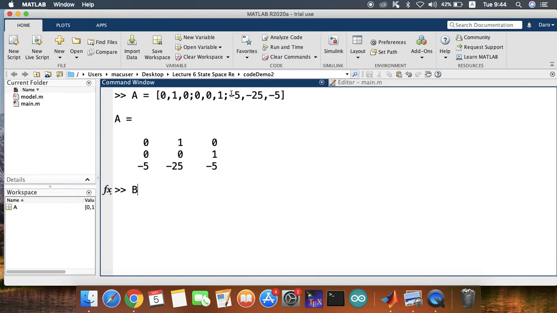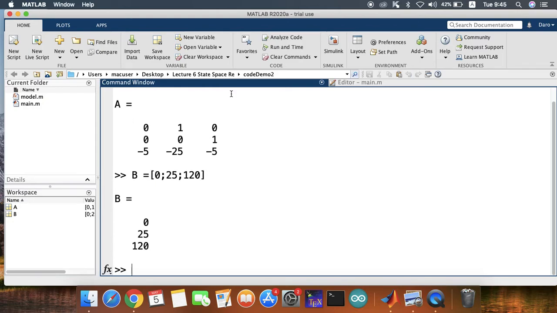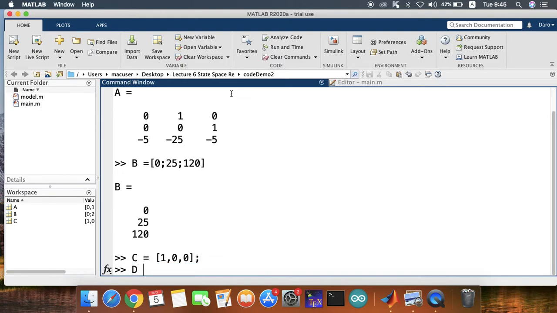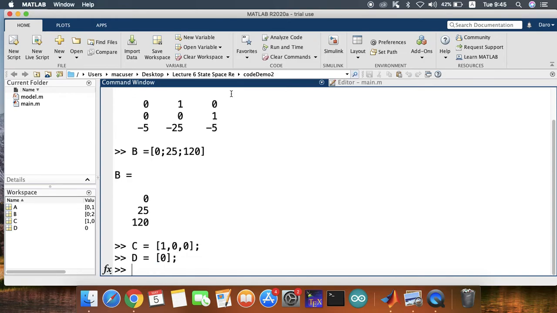This is matrix A, and matrix B is a 3 by 2 matrix. 0, 25, and 120. And then C equals 1, 0, 0. D equals just 0. And now you can transform.